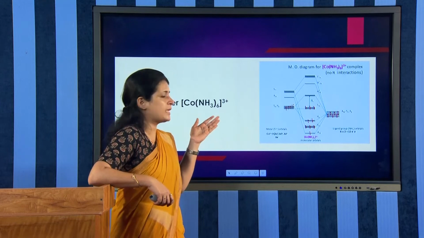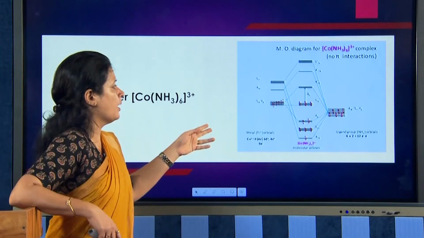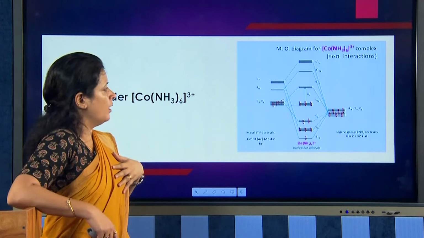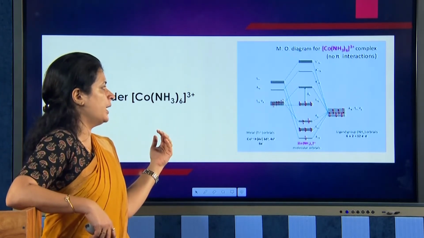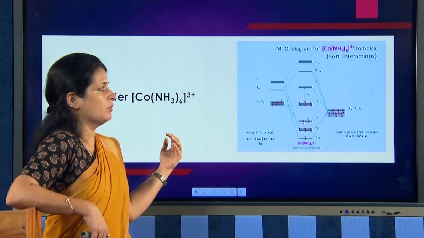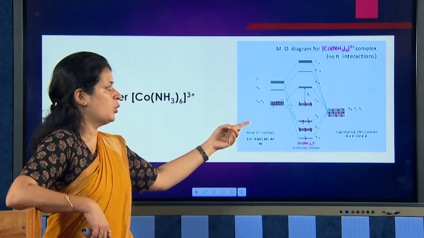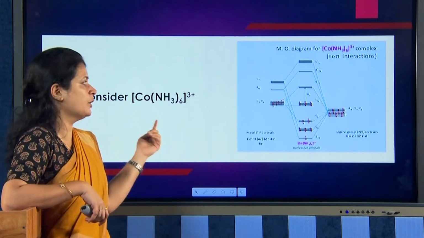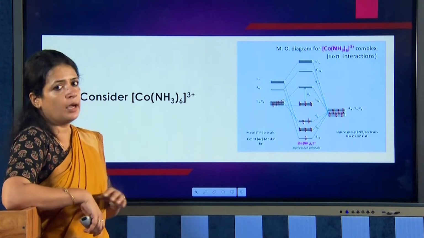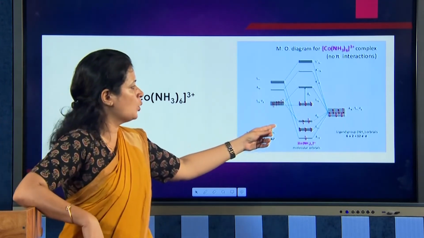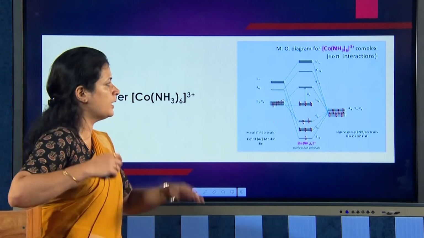As we have discussed the molecular orbital salient features, this is the way they combine. You can see on the left hand side the metal orbitals involved, and on the right hand side the ligand group orbitals. Ligand group means what? The ligands are ammonia, so the ligand group ammonia orbitals are on the right hand side.